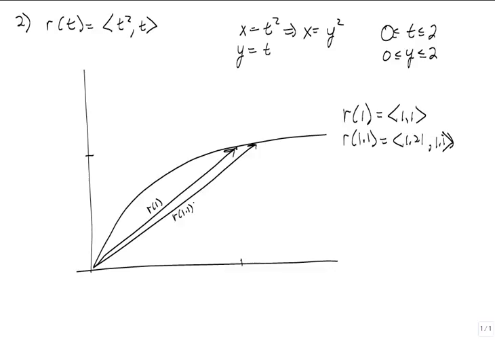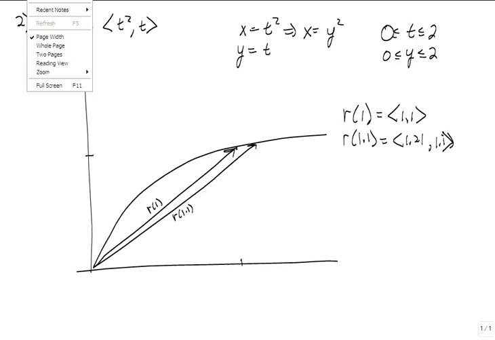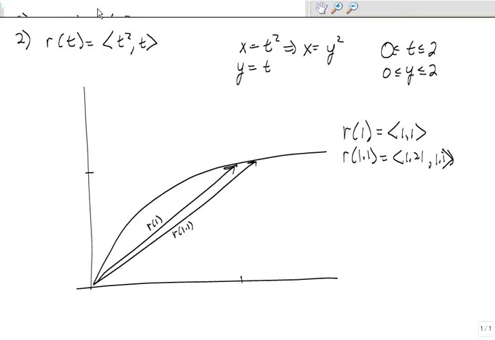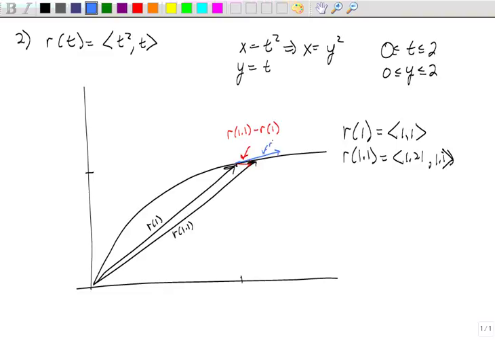Okay. And then I want to draw the subtraction, and that's going to be, let's see, right there, that's R of 1.1 minus R of 1. Okay, so R prime of 1 is a tangent at that point. So this is R prime of 1, because that's the tangent vector.